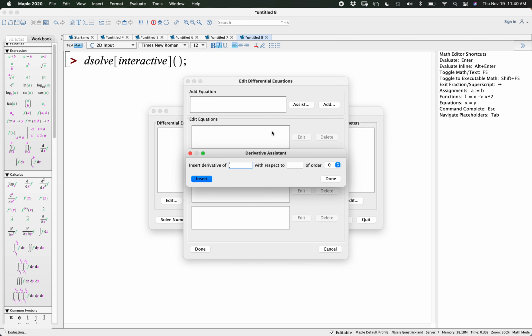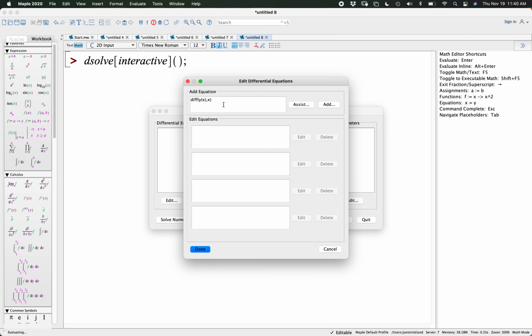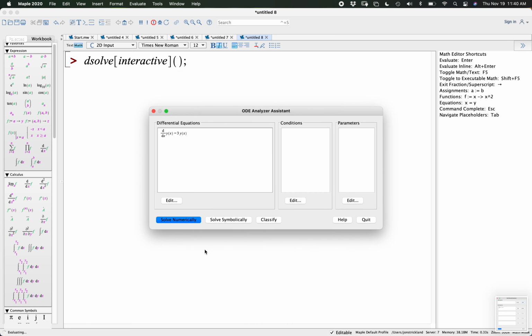So again, okay, and we'll say 3 times y of x. So I add this. Click on done. And then we have solving symbolically.